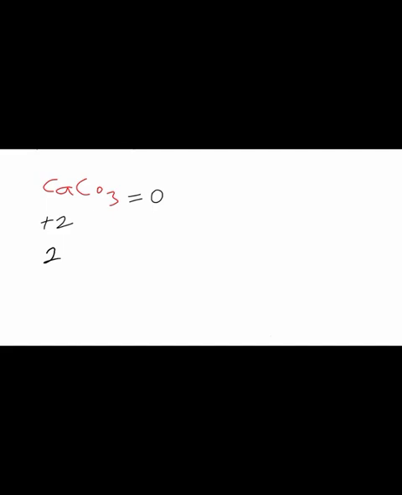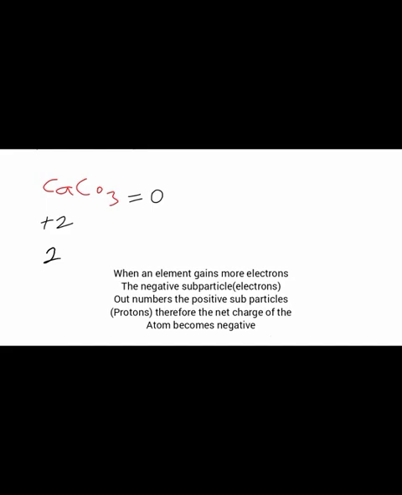When an element is losing electrons, its oxidation state will be positive, but when an element is gaining electrons, its oxidation state will be negative. Why? When an element is gaining electrons, we know that electrons have negative charges. So it will acquire more negative charge than the positive charge inside the nucleus, which are the protons.